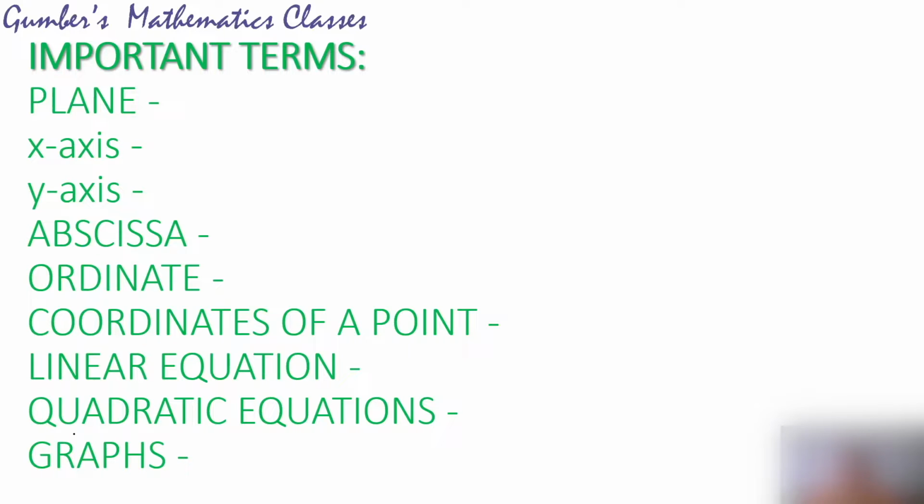Now x-axis and y-axis. For studying more about geometrical figures, we usually divide the plane into four quadrants with the help of two lines. One is vertical and another is horizontal. We usually give the horizontal line the name x-axis.